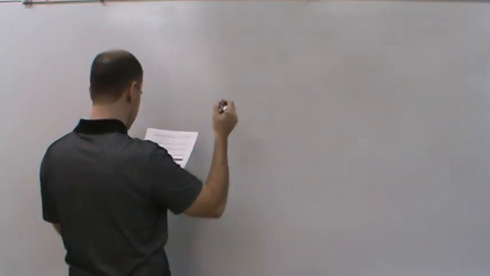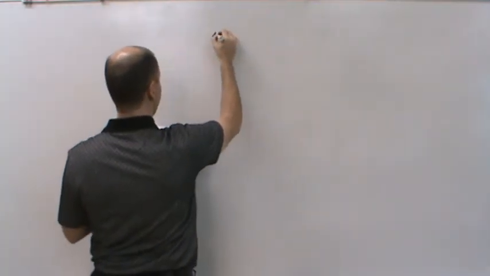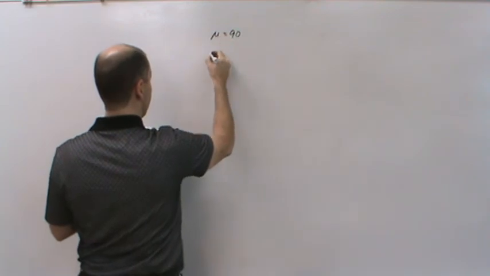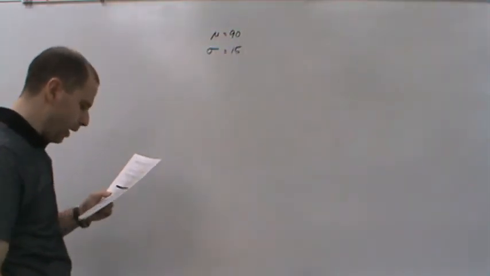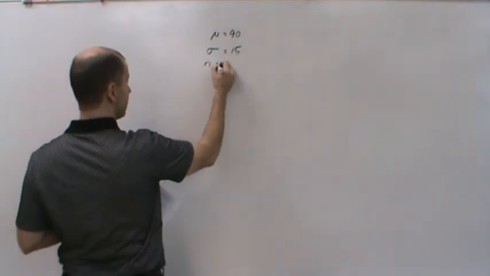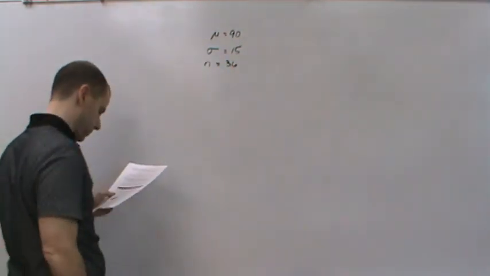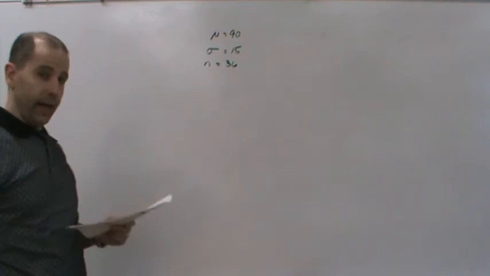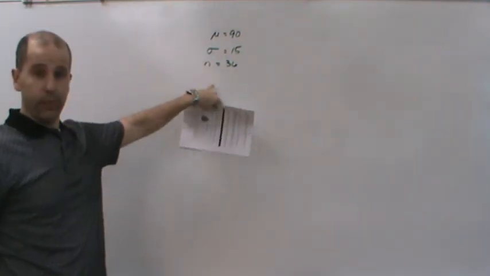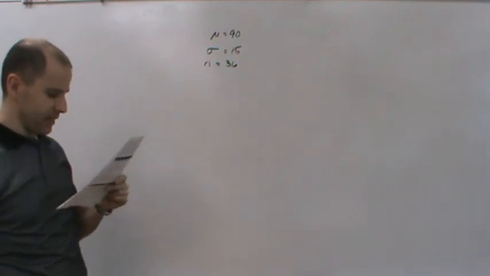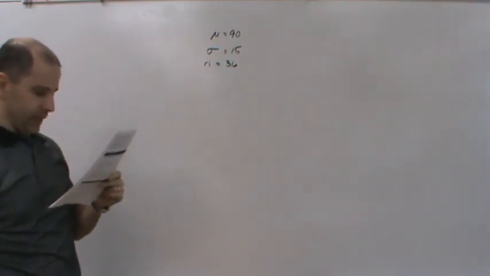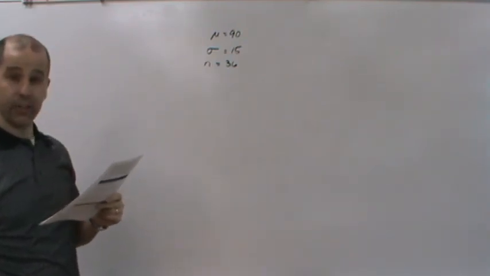before. So now here it says an unknown distribution has a mean of 90. So here we go. So mu is equal to 90, sigma is equal to 15, and now in this case, the sample size n is 36. And again, this is a random sample from the population. So now it says, find the probability that a randomly selected sample mean is between 85 and 92.